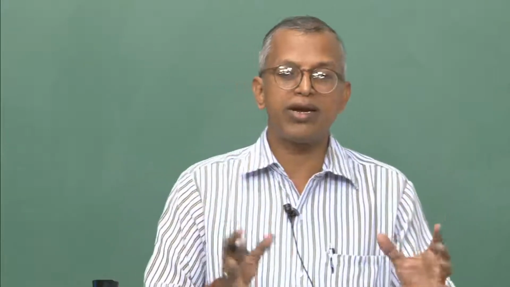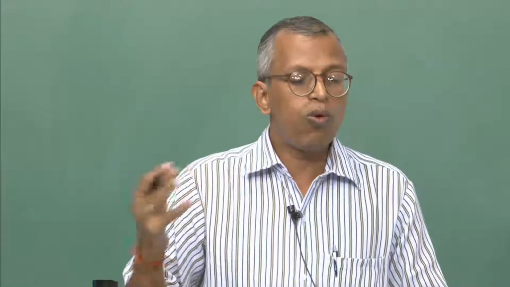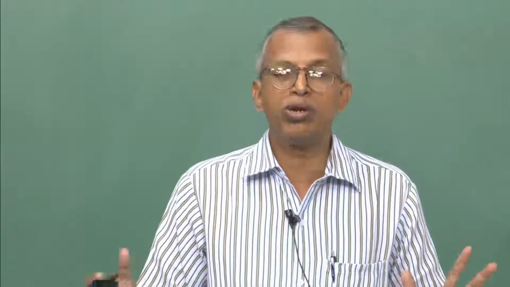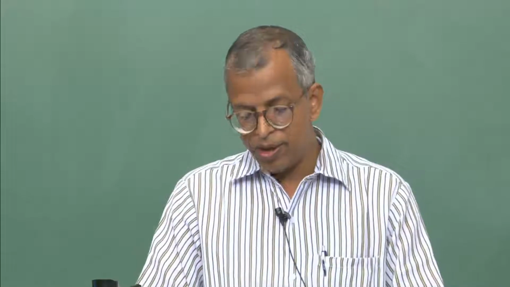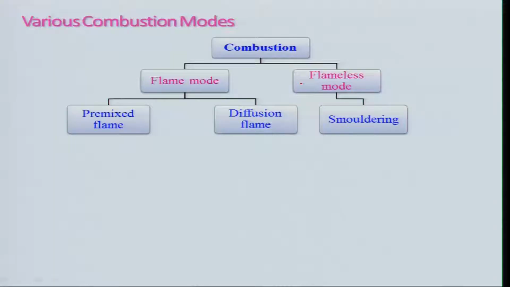So, what we have seen till now is about kinetics and other things, but what are the modes of combustion which take place in a combustion system? Let us look at it. It is basically a very bird's eye view I am giving. One is flame mode. Flame is a part of our life, you have seen flame, yes or no, right.